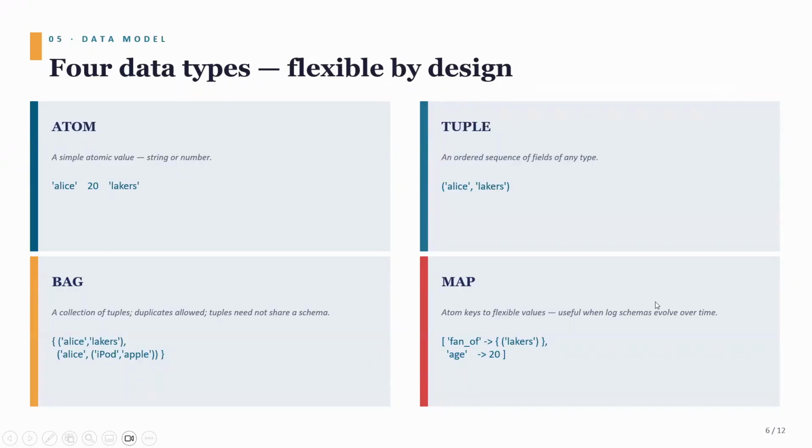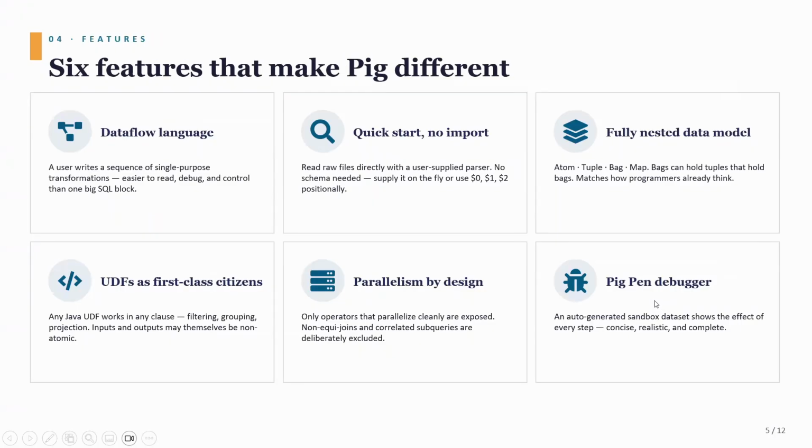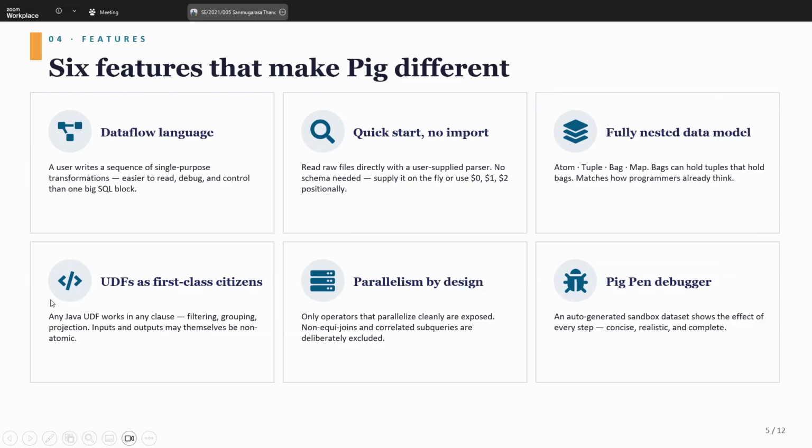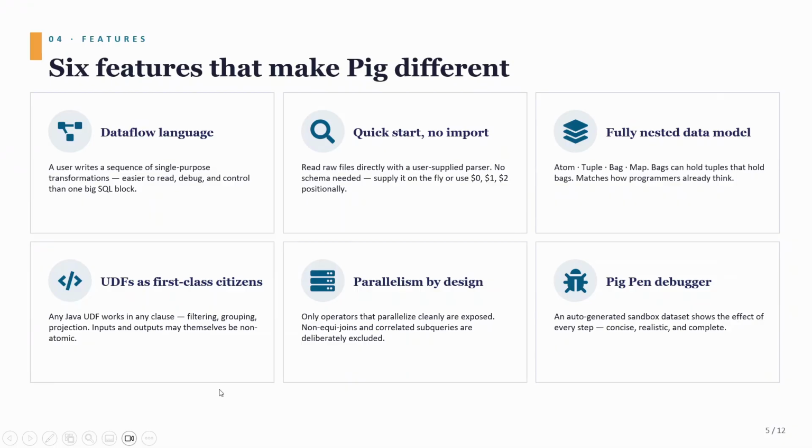Pig uses a data flow language. Instead of writing one huge SQL query, we write small steps one by one. For example, first we load student data, then filter students older than 18, and finally display only their names. This step-by-step approach makes programs easier to read, debug, and maintain. That's the first one.